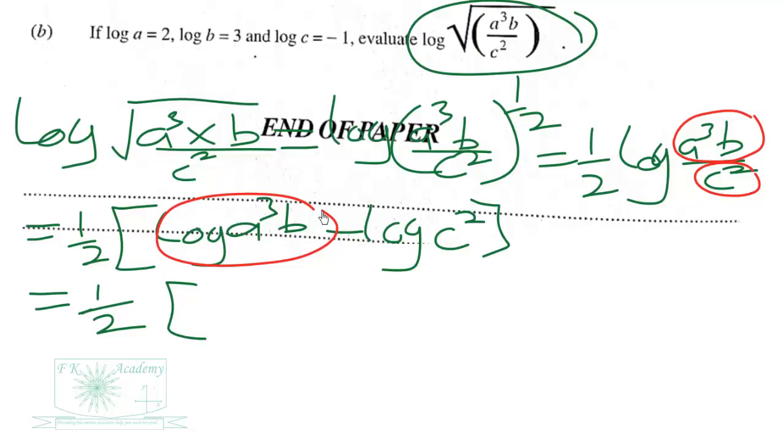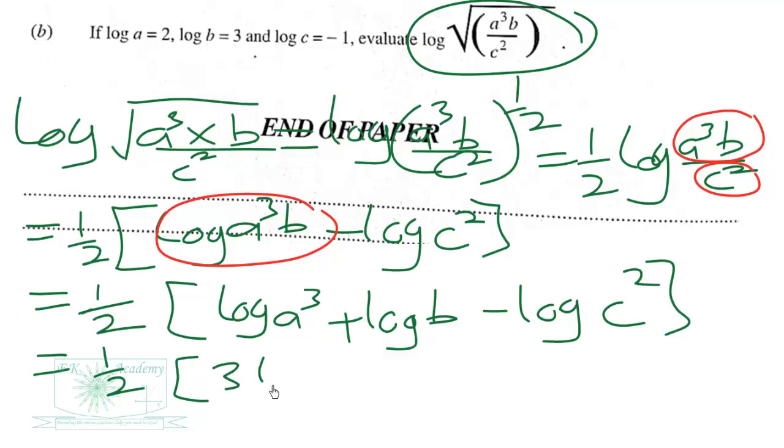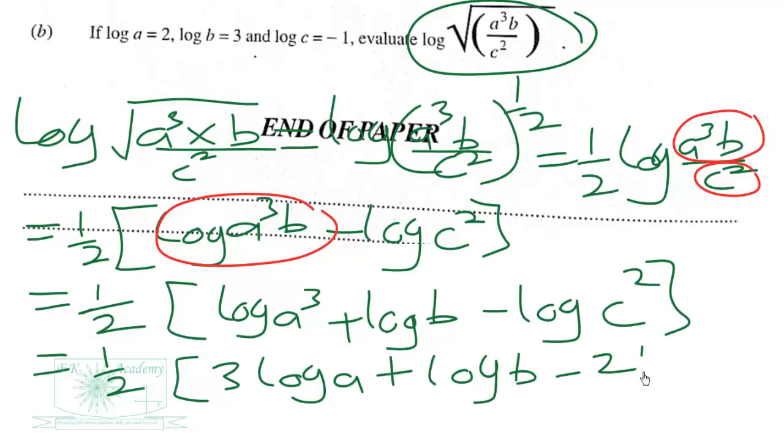So we have log a cubed plus log b. Then we have minus log c squared. So we can further proceed. Applying the power rule again, we have 3 log a plus log b minus 2 log c.